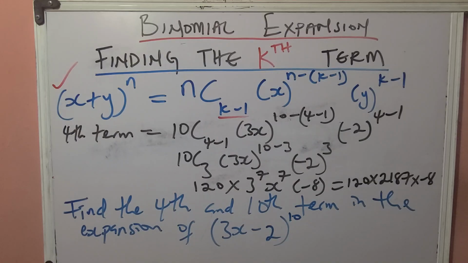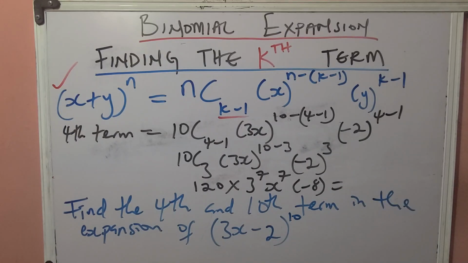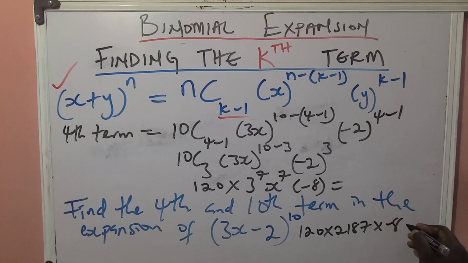So what we can do, let me put the solution down here. That will be 120 times 2187 times minus 8 times x raised to the power 7. Don't forget, we are trying to find the fourth term.